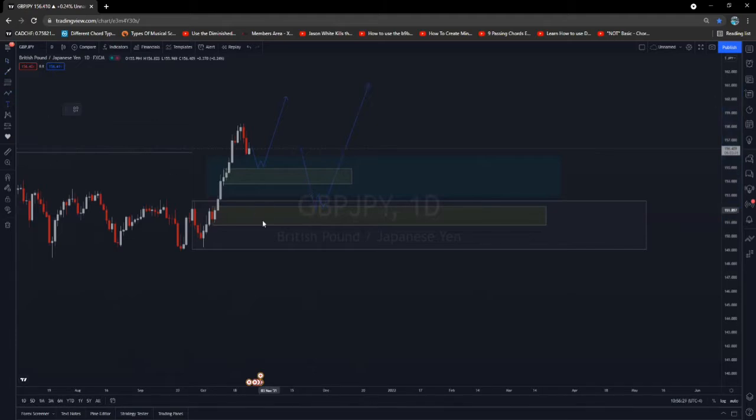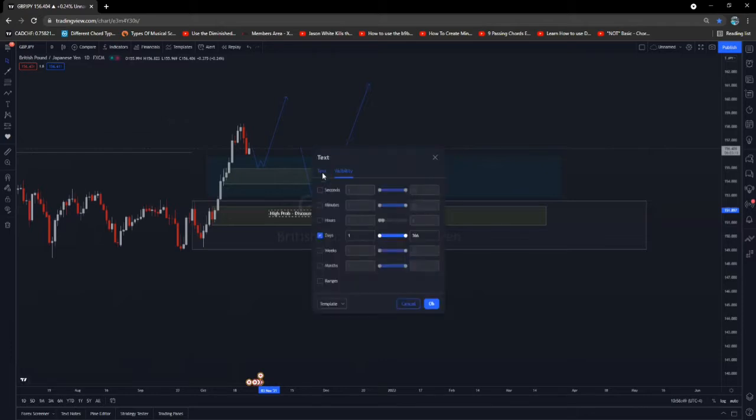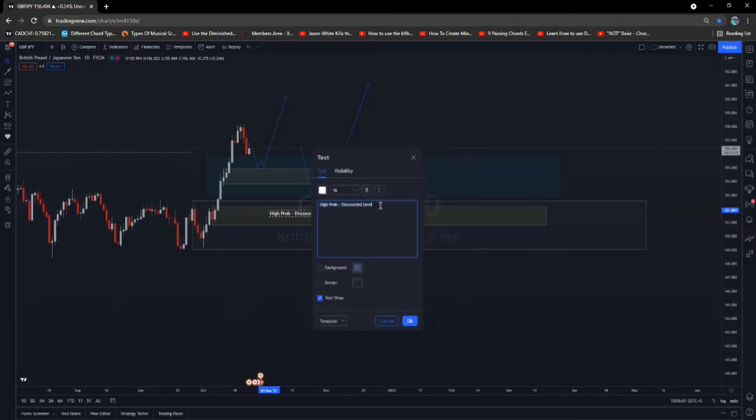Let me just highlight this so that I can remind myself. High probability, discounted level, and also it's nested within a high time frame area.